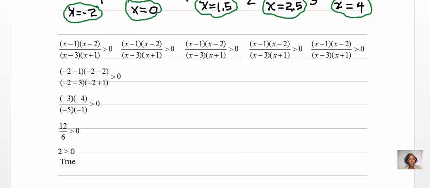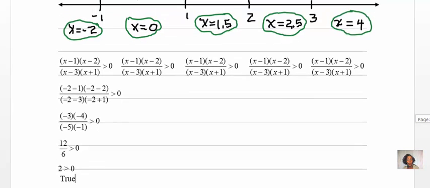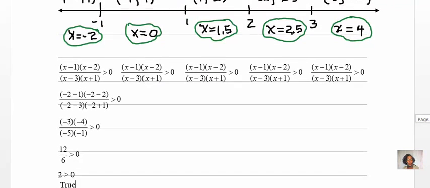In this first interval, we wind up with 2 greater than 0, and that is actually true. So all numbers smaller than negative 1 make the inequality true.